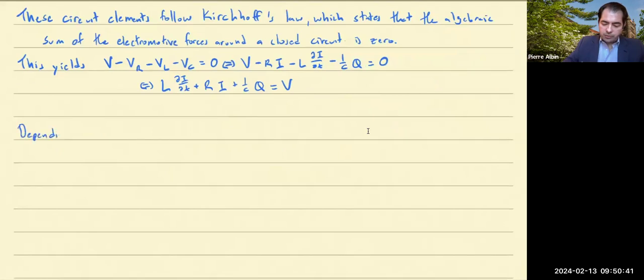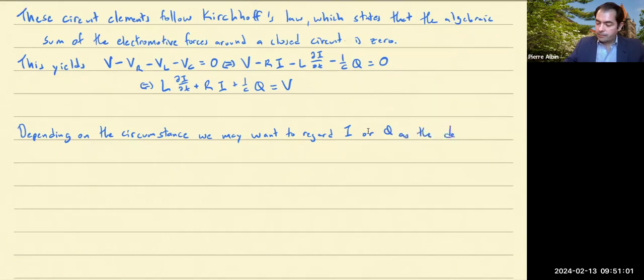Now, depending on the circumstance, we may want to regard I or Q as the dependent variable.